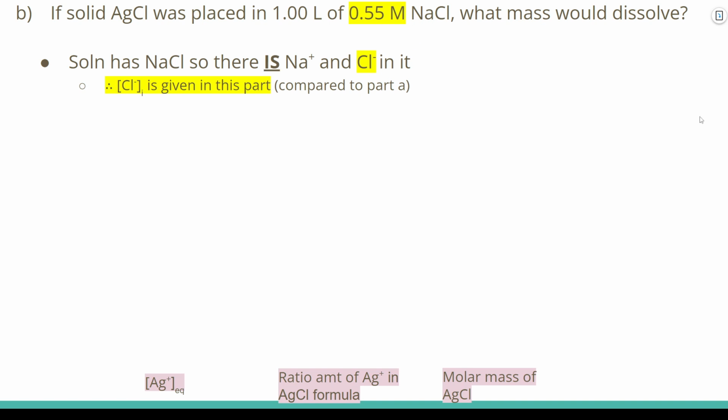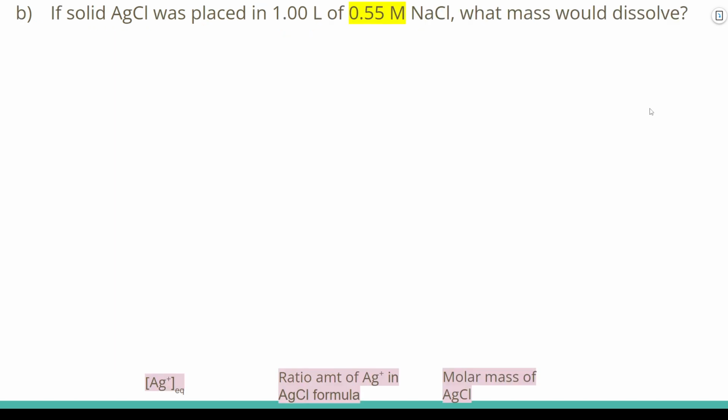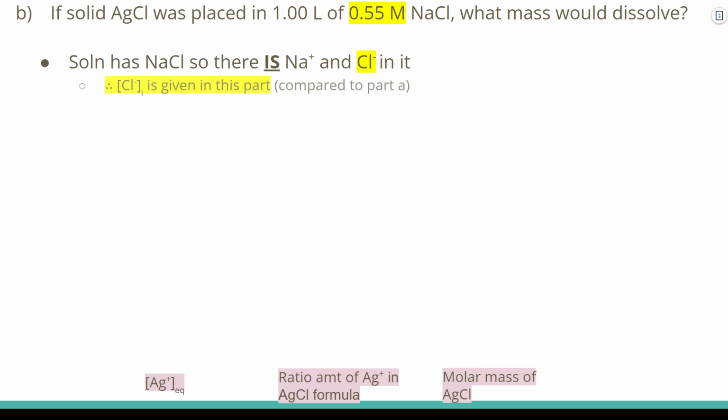Versus in part A, I had nothing in it, because I was dissolving this in water. Part B is instead putting it in a solution of salt already, in this case sodium chloride. Just to recap, you put a little solid here, and then you put aq, and that's just dissolving everybody.